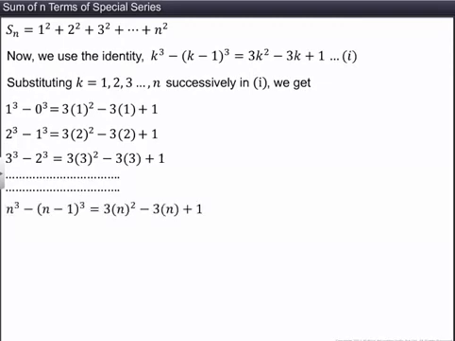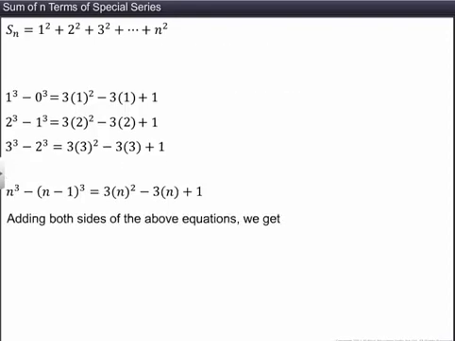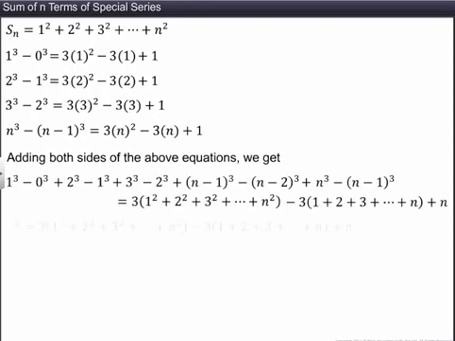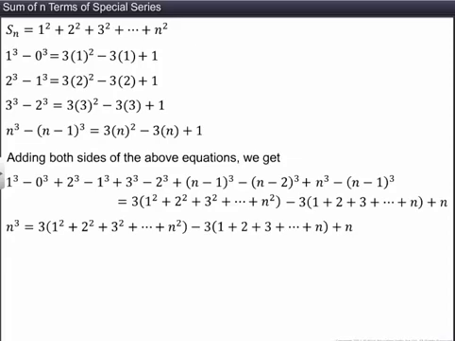On adding the respective sides of all the above equations, we get n cube is equal to 3 into the sum of the squares of the first n natural numbers minus 3 into the sum of the first n natural numbers plus n.